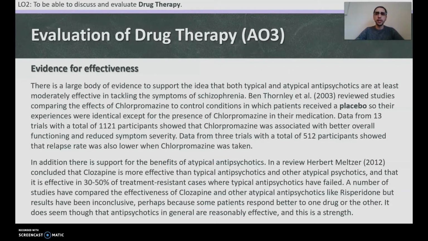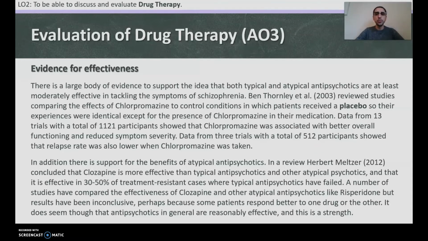Evidence for effectiveness. Think about, is this a strength, is this a weakness? There is a large body of evidence to support the idea that both typical and atypical antipsychotics are at least moderately effective in tackling the symptoms of schizophrenia. Ben Thornley et al. in 2003 reviewed studies comparing the effects of chlorpromazine to control conditions in which patients received a placebo, so their experiences were identical except for the presence of chlorpromazine in their medication.